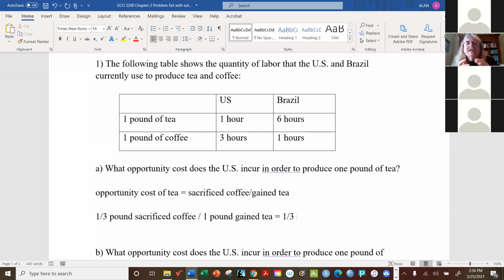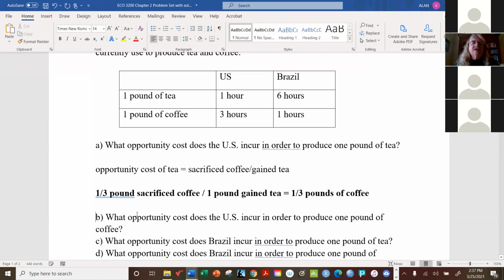Again, because it takes an hour to make a pound of tea, if we do make that pound of tea, we use up an hour of labor that could have alternatively been used to make 1/3 of a pound of coffee. Why? Because each coffee takes 3 hours, so therefore 1 hour could only enable us to produce 1/3 of a pound of coffee. Okay, so actually this is measured as pounds of coffee. So ultimately, the opportunity cost of the tea is 1/3 of a pound of coffee.